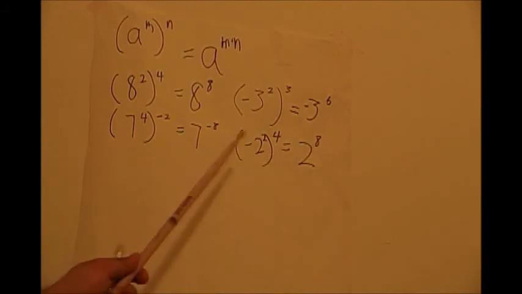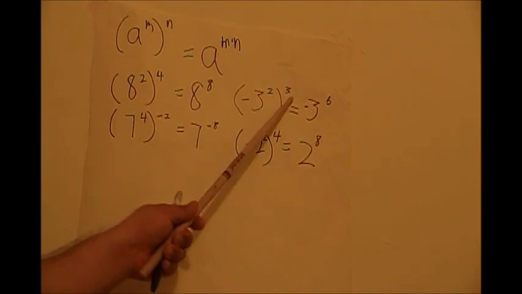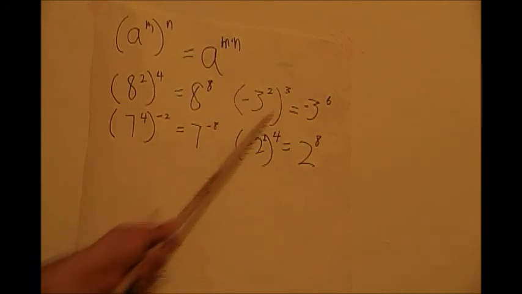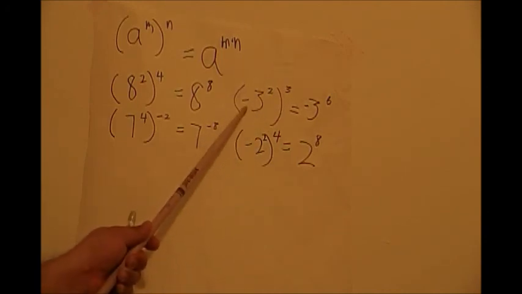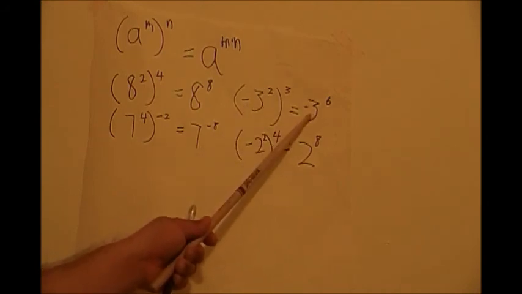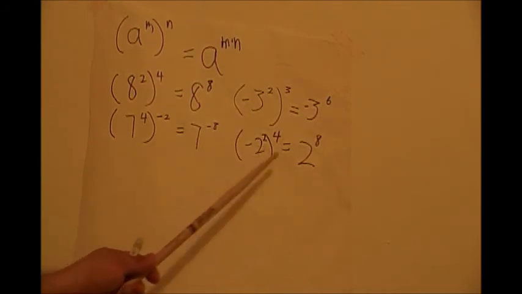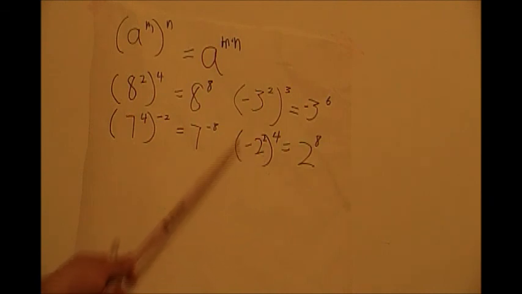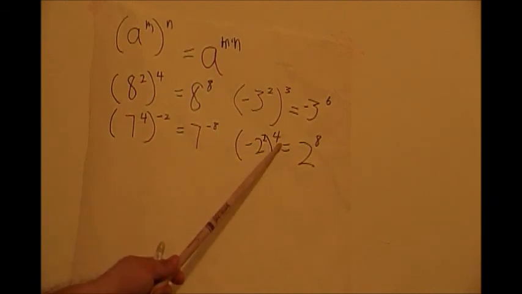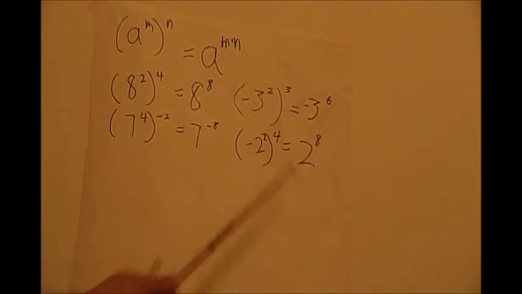So there's no negative. So again, if we have an odd number out here, and the inside has a negative number like that, you're going to get a negative answer. If you have a negative inside, and you have an even power, then you will get a positive number.